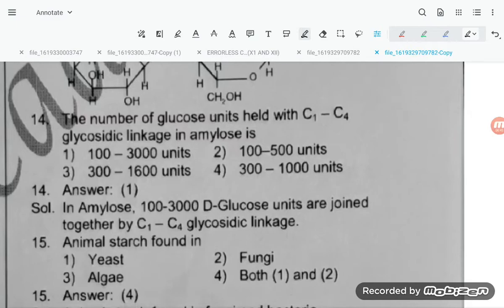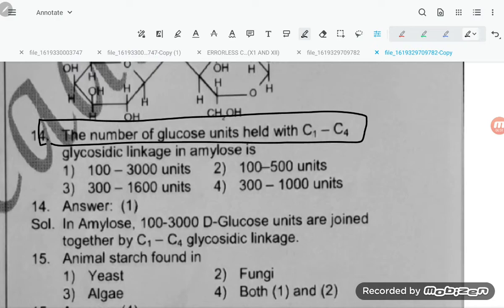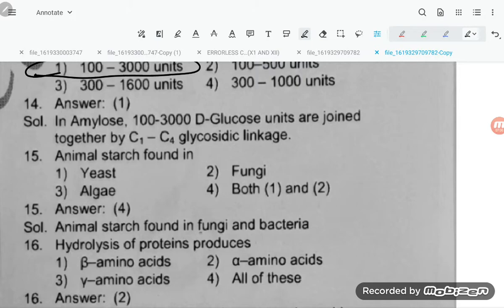The number of glucose units held with C1 to C4 glycosidic linkage in amylose is, how many are there? 100 to 3000 units. In amylose, 100 to 3000 D glucose units are joined together by C1 to C4 glycosidic linkage.